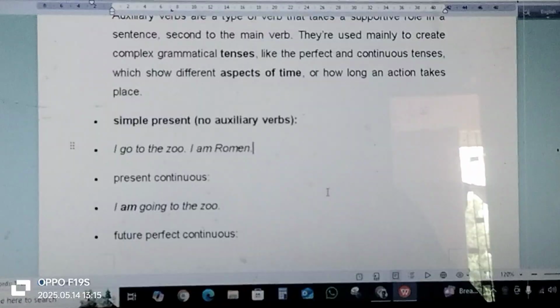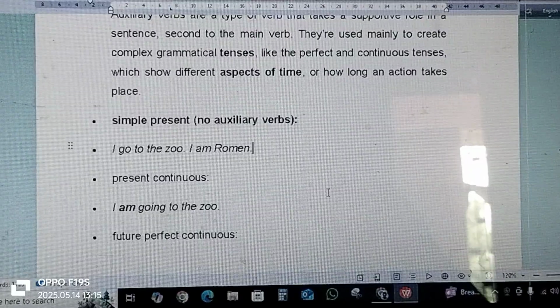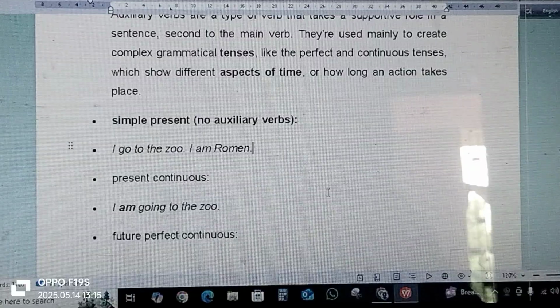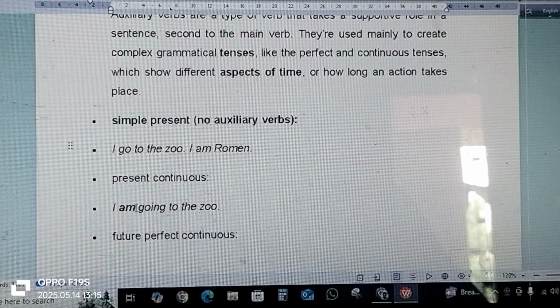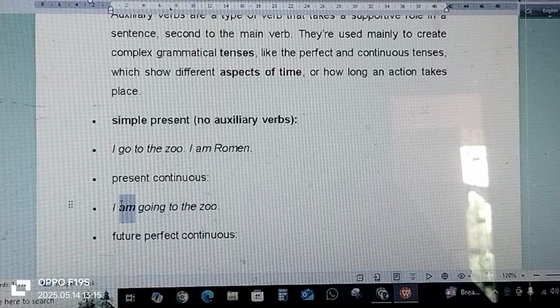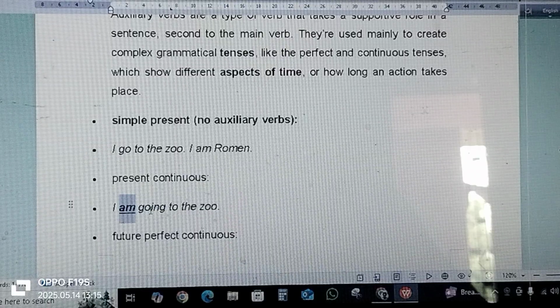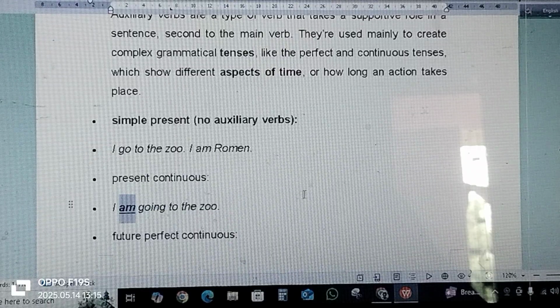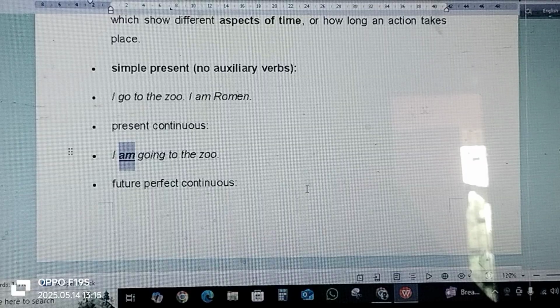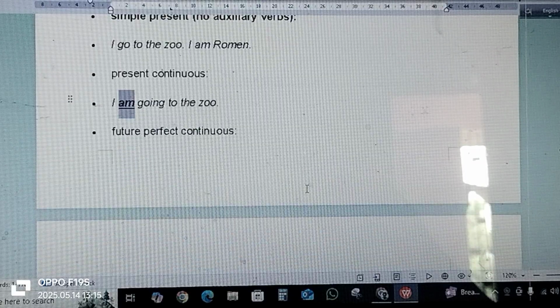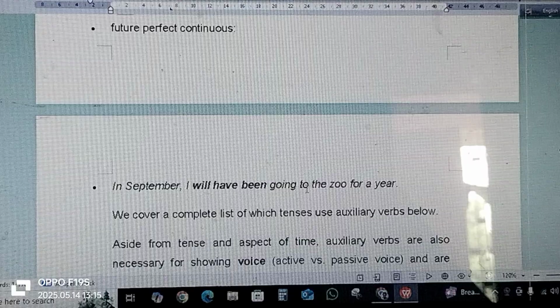Auxiliary verbs are also used in present continuous tense. For example, I am going to the zoo. In this case, am is a supportive verb for this sentence, supporting the main verb go. In future perfect tense, we use auxiliary verbs as well.